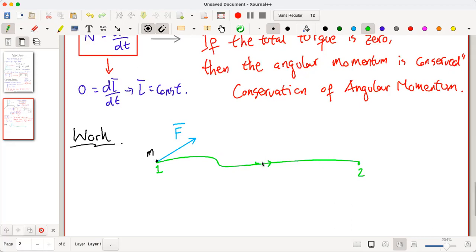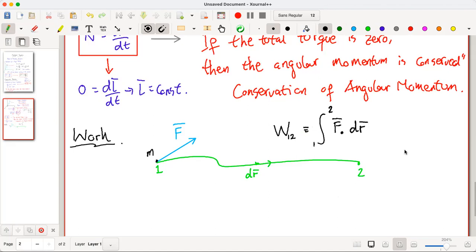But if we take the infinitesimal displacement, then we can define dr. So now work between point 1 and 2 can be defined as the integral from 1 to 2 of F dot dr.